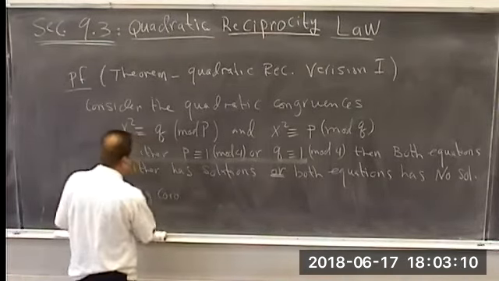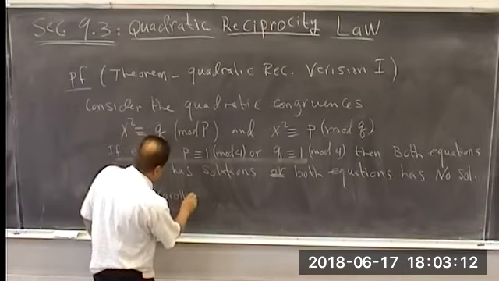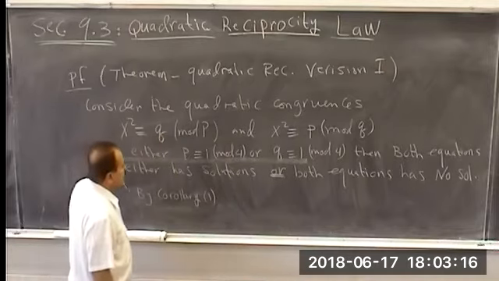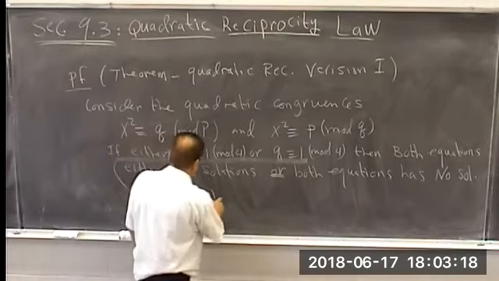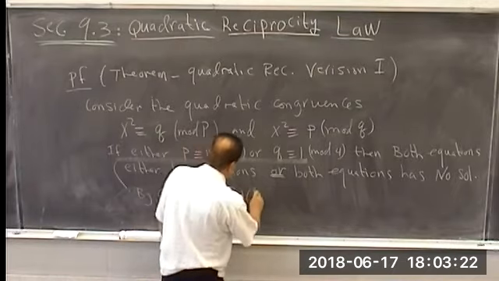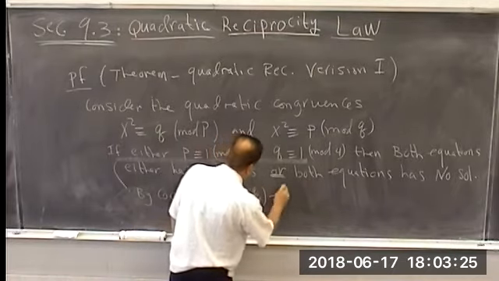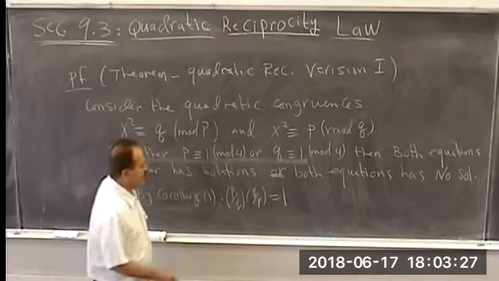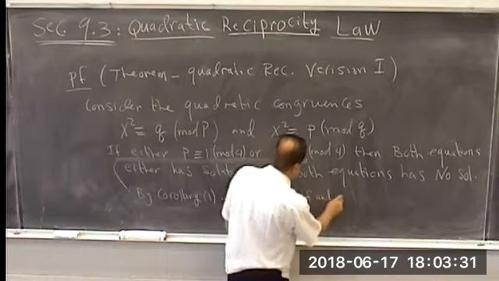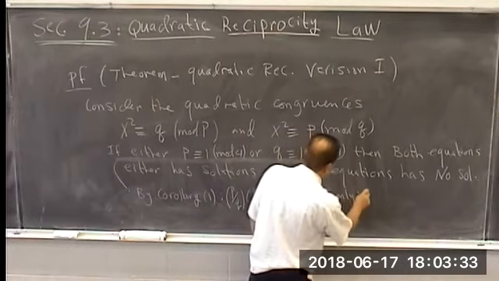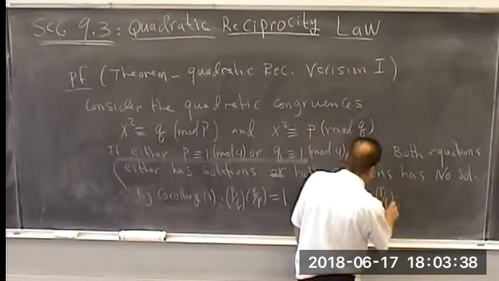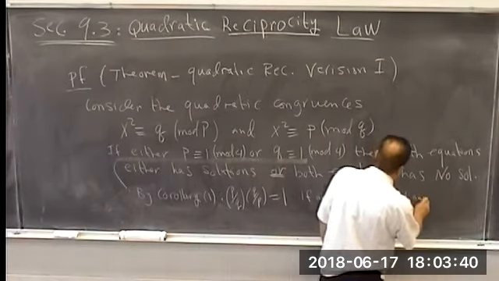By corollary 1, we have (P over Q) times (Q over P) is equal to 1. This is true if and only if both of them are equal to 1 or both are negative 1.